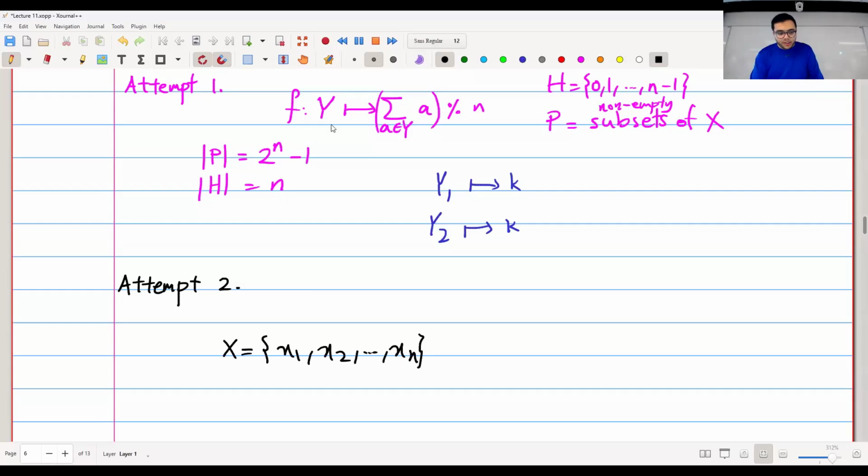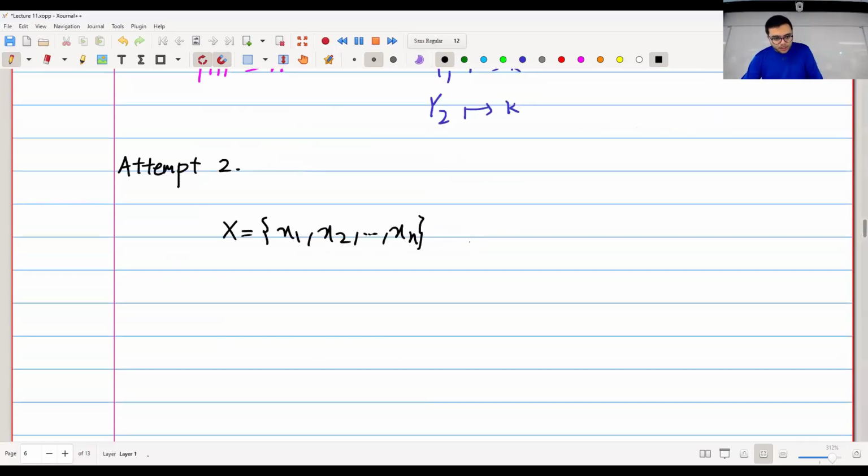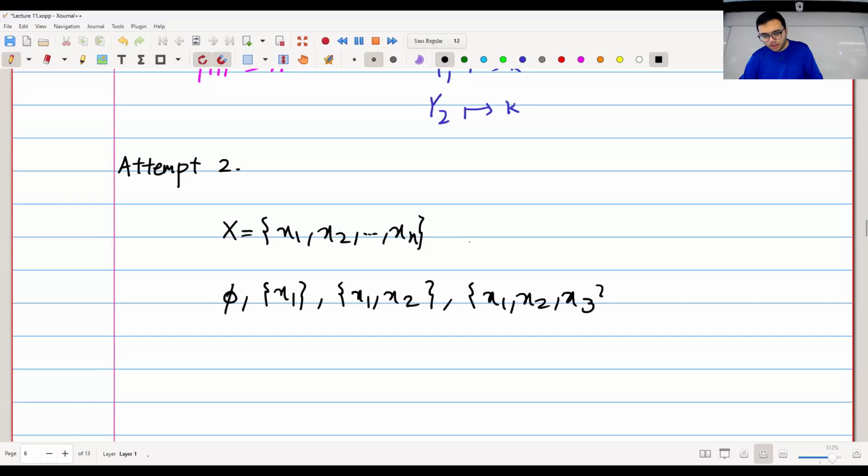The subsets I can take are these: the empty set, then x1, then x1, x2. Basically, I'm taking all the prefixes, x1, x2, x3, and so on, until I take everything.